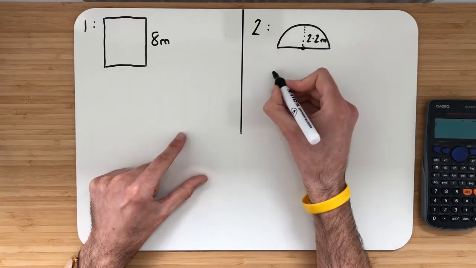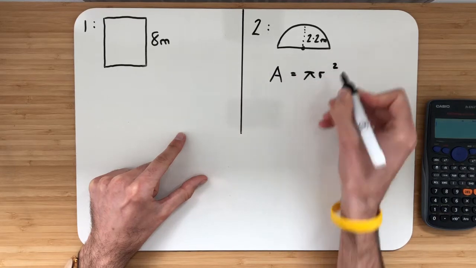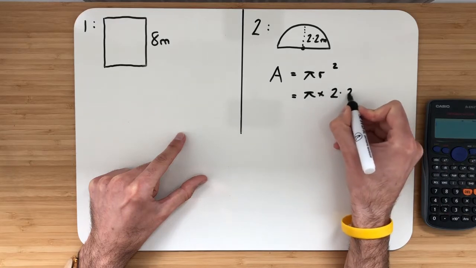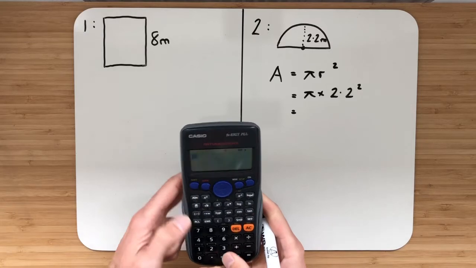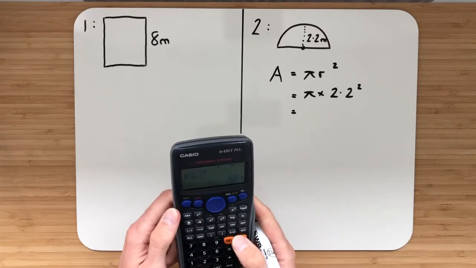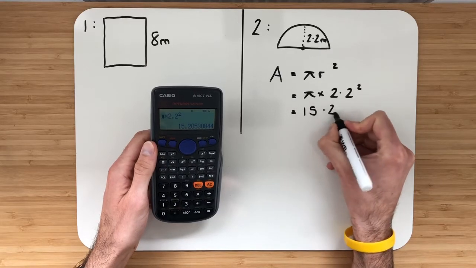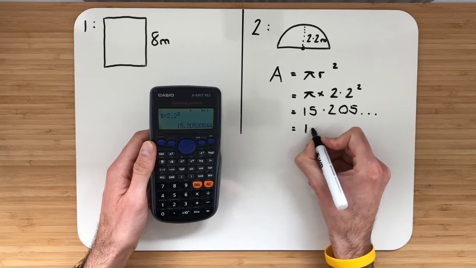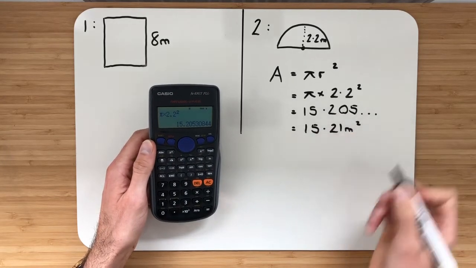So with that being said, let's get our full area. Capital A is equal to pi r squared, which is pi multiplied by 2.2 squared. Let's type that into a calculator. And that's coming out as 15.205, and continuing on. And I'm rounding that to 15.21 square metres.